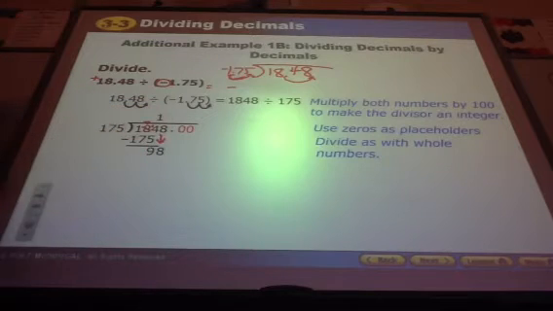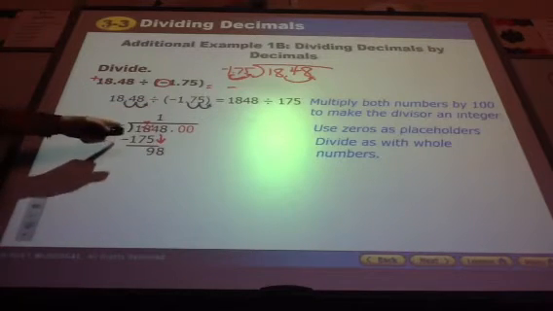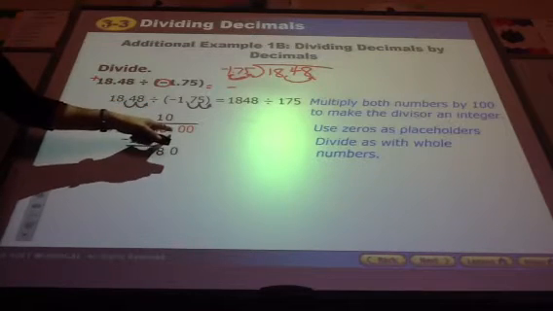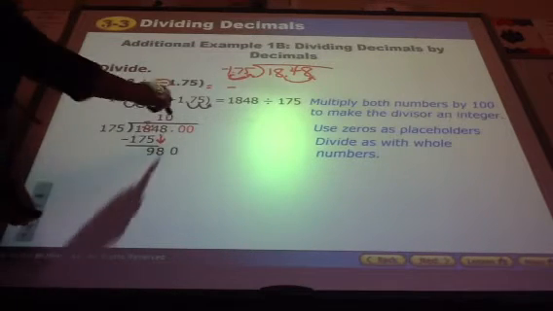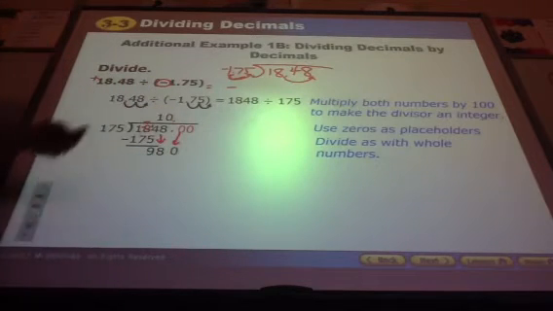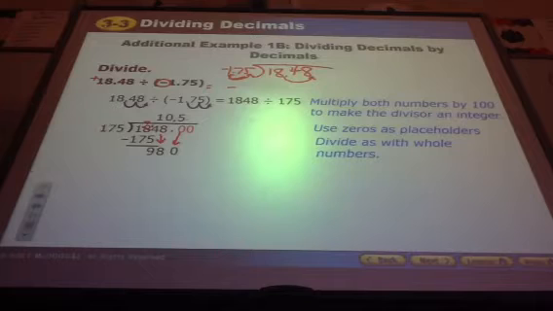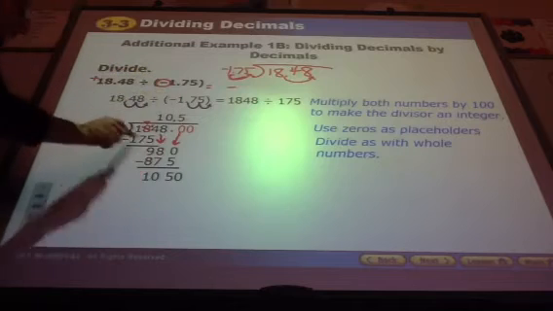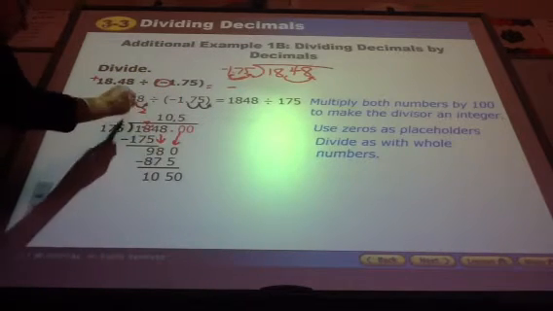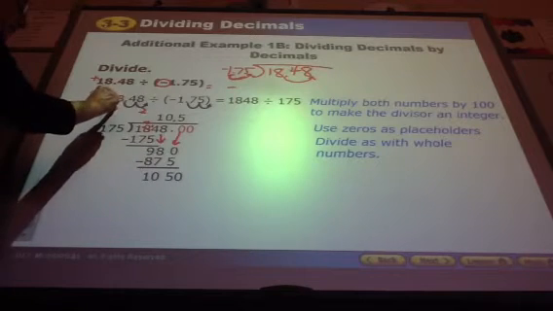And then 175, can't divide 98 by 175, so we need to put down a 0, and you bring your decimal point up, bring a 0 down, and now 175 into 980 goes 5 times. We're going to subtract 875, because 5 times 5 is 25, carry the 2. 5 times 7 is 35, add the 2, and that's 37, carry the 3.